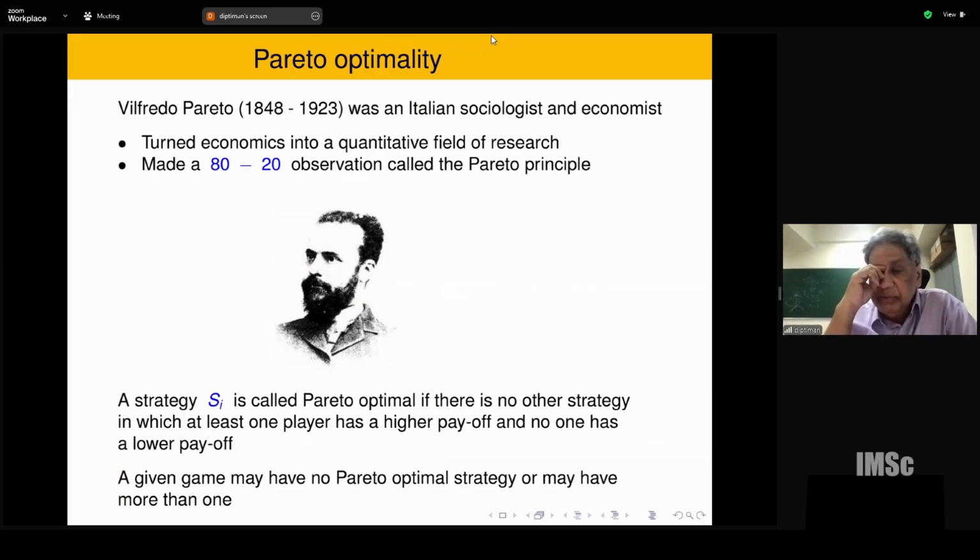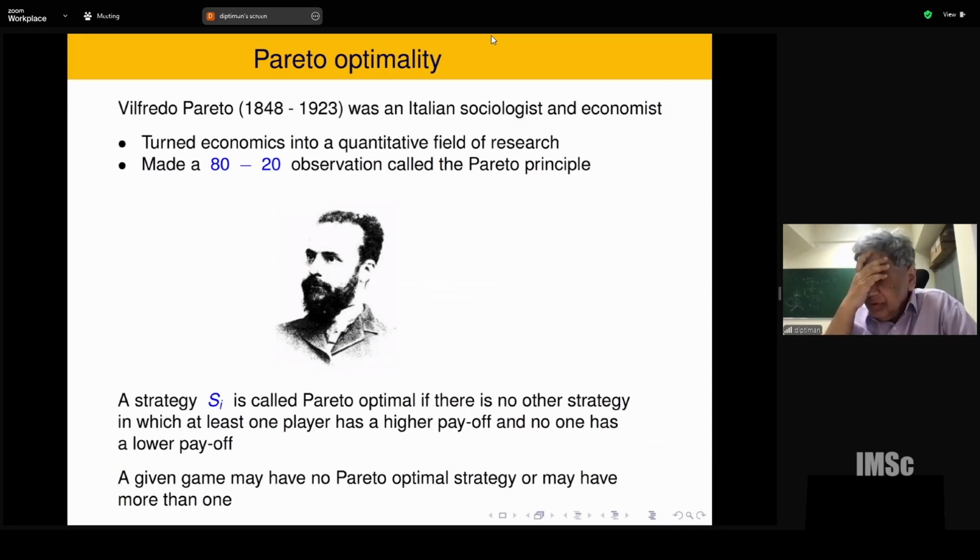The Pareto principle is the following: he noticed that in Italy at that time, 80% of the land was owned by 20% of the families. So obviously a very unequal society, but there are many societies like that even today. This kind of unequal distribution occurs in many areas of life.